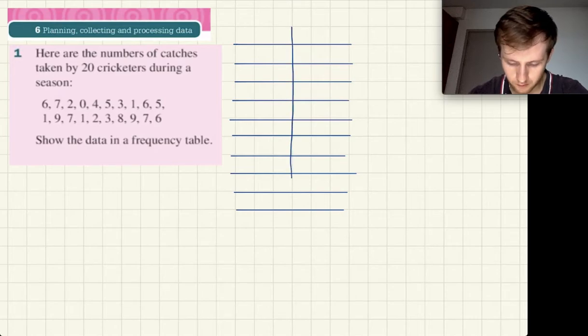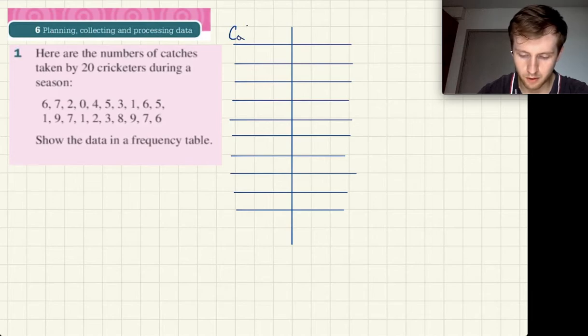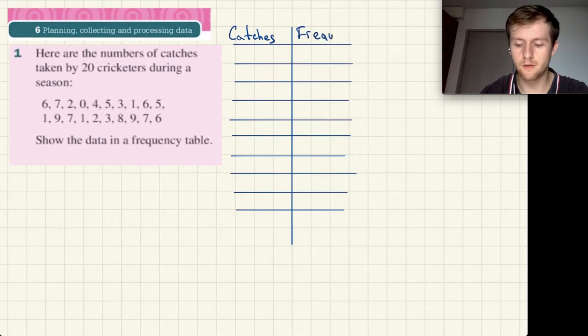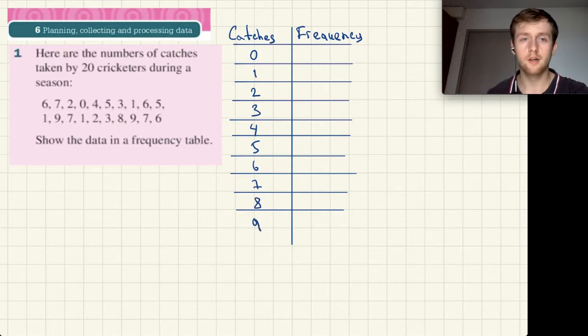Here we're going to have our catches, and here we're going to have frequency. So we have 0, 1, 2, 3, 4, 5, 6, 7, 8, 9, all the way from 0 catches to 9 catches.